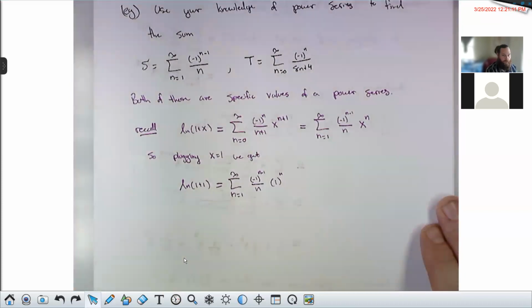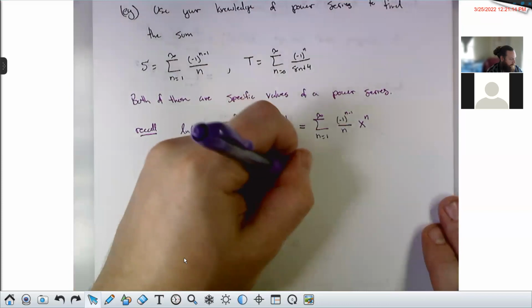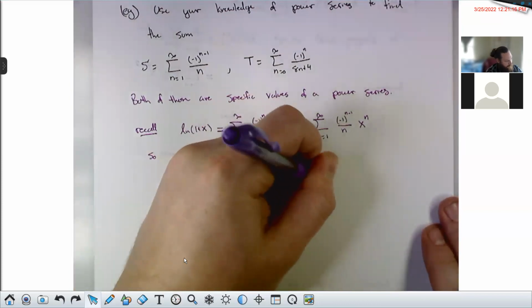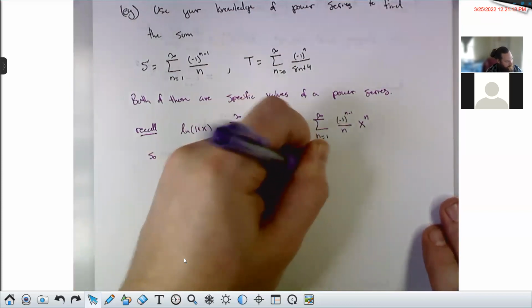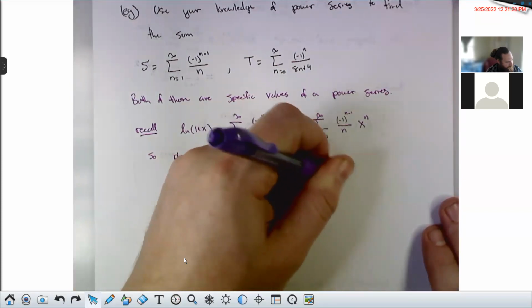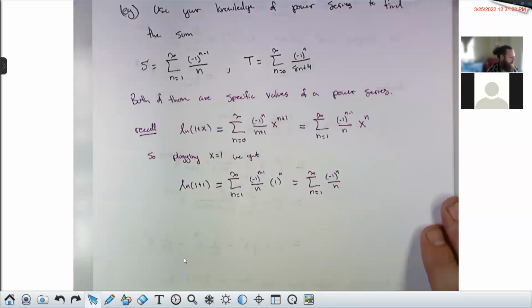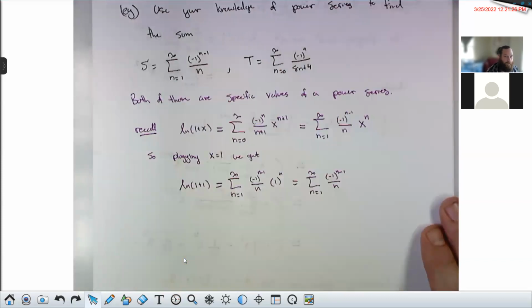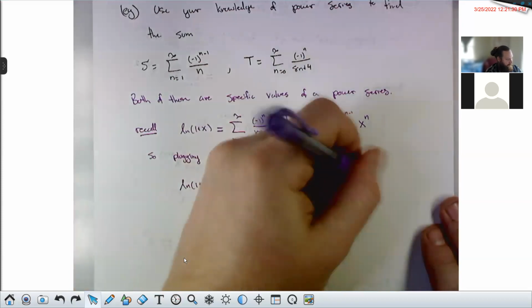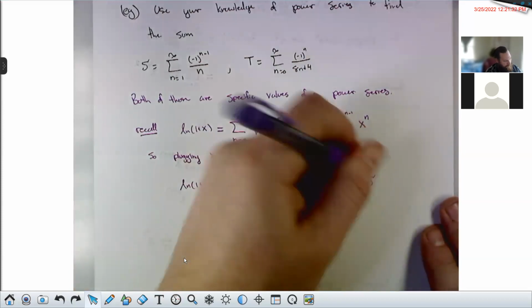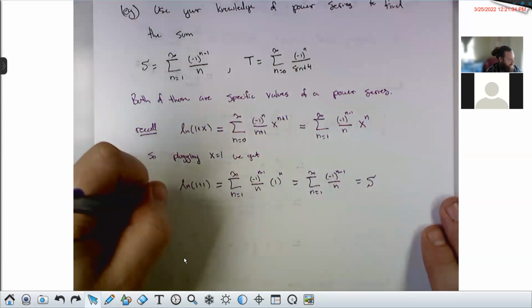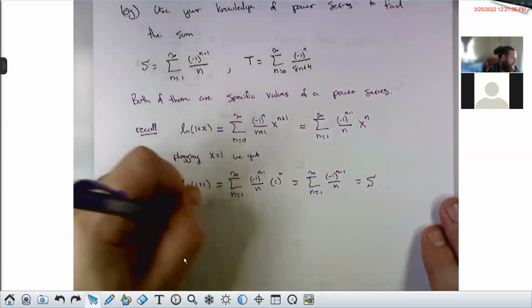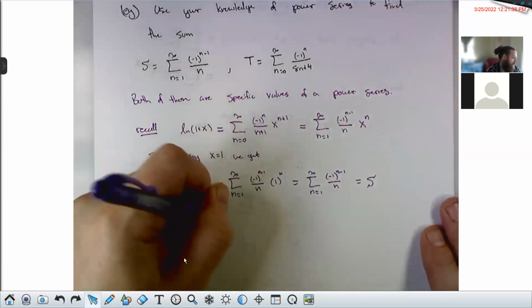But of course, 1 to the n is just 1. So this is sigma n from 1 to infinity, negative 1 to the n minus 1 over n. And that is S. I.e., S is the natural log of 2.